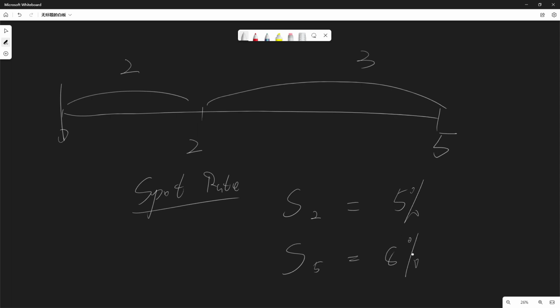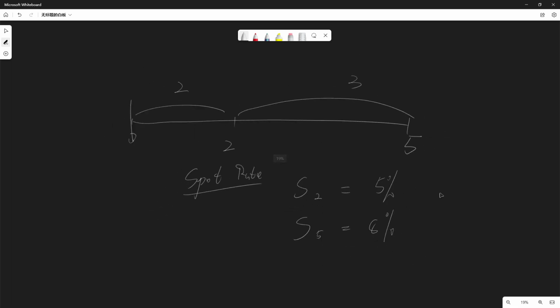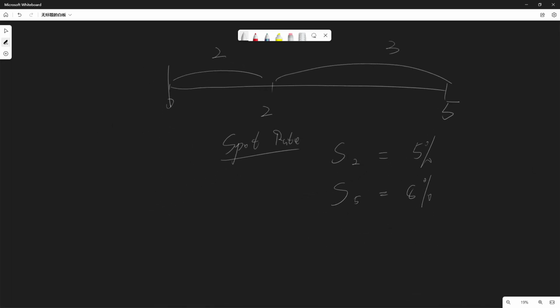So yeah, pretty high interest rates, as you know, the US is raising interest rates right now. So I'm going to make some quizzes that conform to reality rather than just random numbers. Once you have the spot rates settled, you can use them to calculate the discount factor.